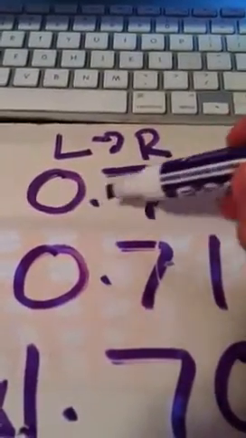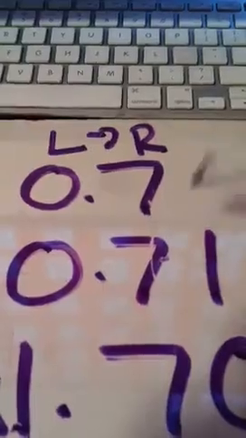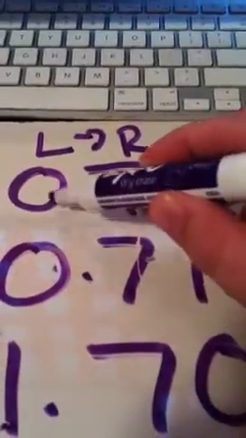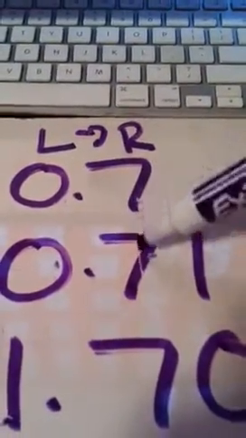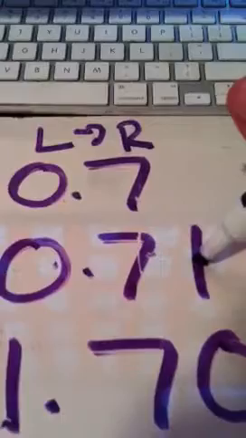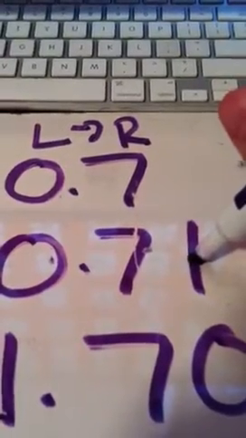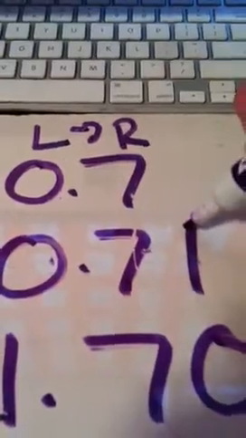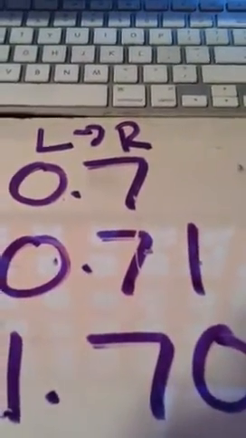Which brings us to these top 2. I'm reading left to right, and this is another place where a lot of people get stuck. They both have a 0 as a whole number. They both have a 7 in the tenths spot. Then you get to the hundredths spot. This number, 71 hundredths, has a 1 in the hundredths. 7/10 has no hundredths.